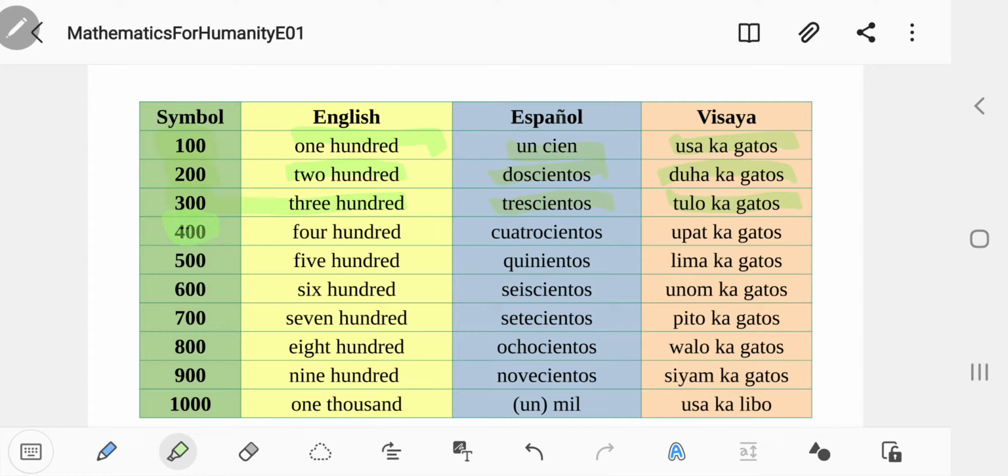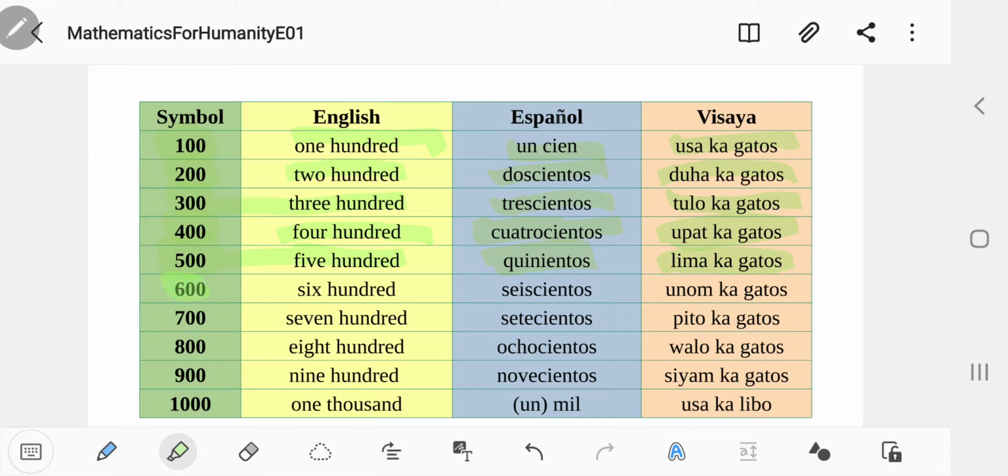And then you have 400 here. In Espanol, 400. In Bisaya, upat ka gatos. Then you have the symbol for 500 here in English. That's 500 in Espanol. Sa Bisaya, 5 ka gatos.